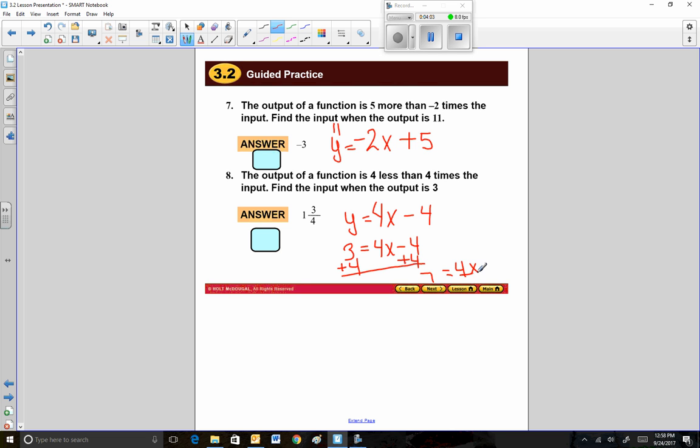All right, so divide both sides by your 4, and so we get x equals 7 over 4. Now we need to simplify that. 4 goes into 7 one time with a remainder of 3. So if the remainder is 3, we write the remainder there, and we always use the same denominator. That's why it's 1 3/4.